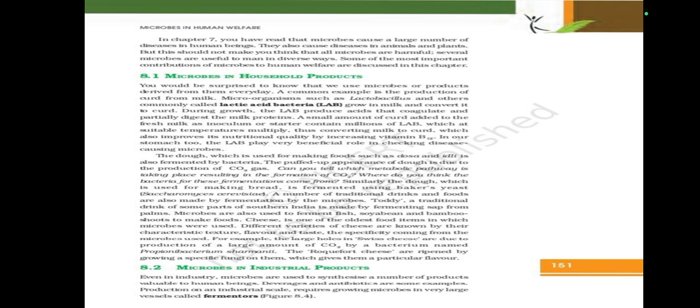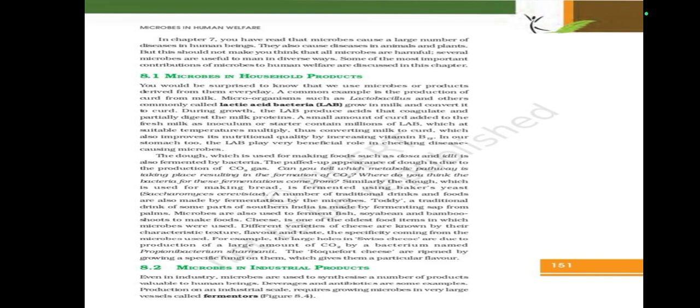Cheese is one of the oldest food items in which microbes were used. Different varieties of cheese are known by their characteristic texture, flavor, and taste, the specificity coming from the microbes used.